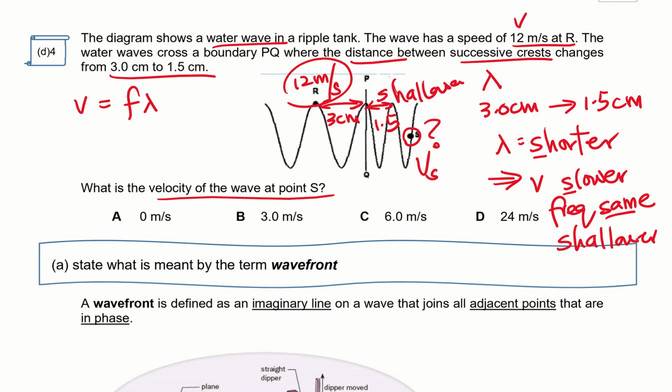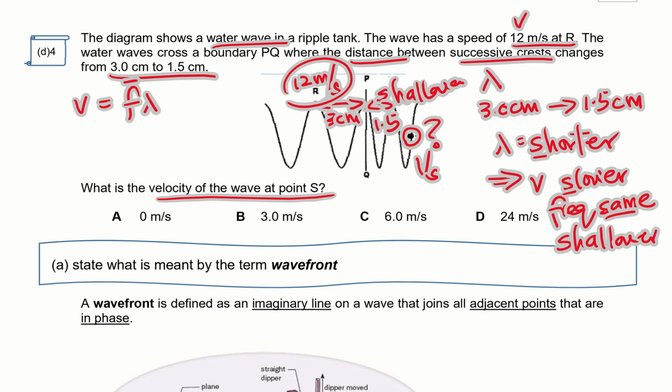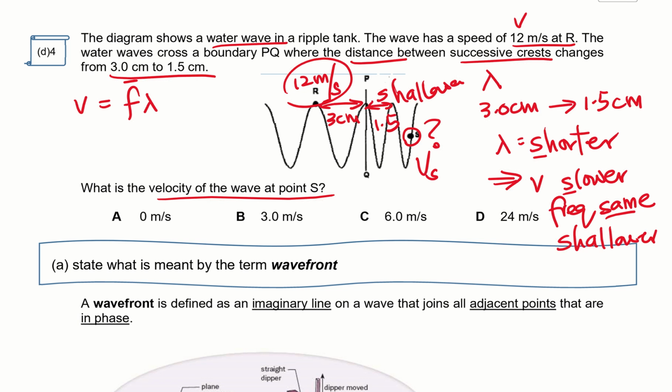What is common between both? It is the frequency, because the frequency would not change. Frequency can only be changed at the source. But because the depth of the water changes from deeper to shallower, there will be changes in the speed and the wavelength, but not the frequency.